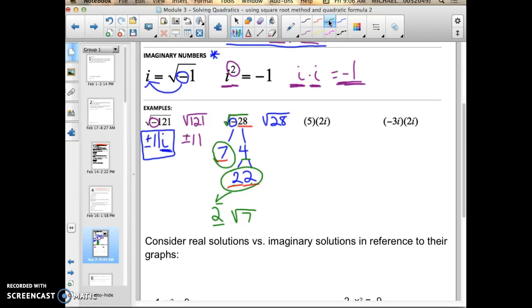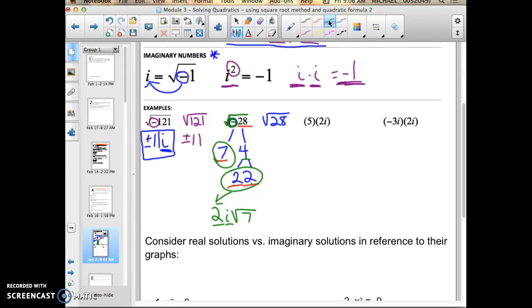To finalize my answer, I need to let everyone know that we're entering into the realm of imaginary numbers because we're taking the square root of a negative. So I need to put an I outside of the radical. And this is the correct form to use. Please put the number first, then the letter I, then if there is a radical left over, whatever's left inside the radical.